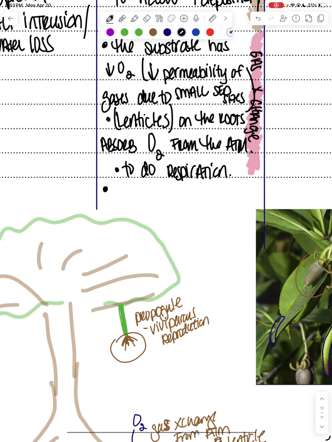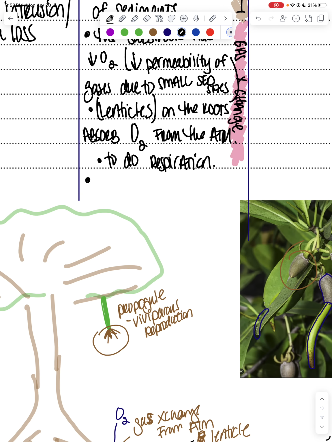All right, and then we can talk about the salt exclusion. The water they live in is estuarine. Sometimes you want to say brackish, and I'll always say, what does that mean? We'll want to say it's a mix of salt and fresh.